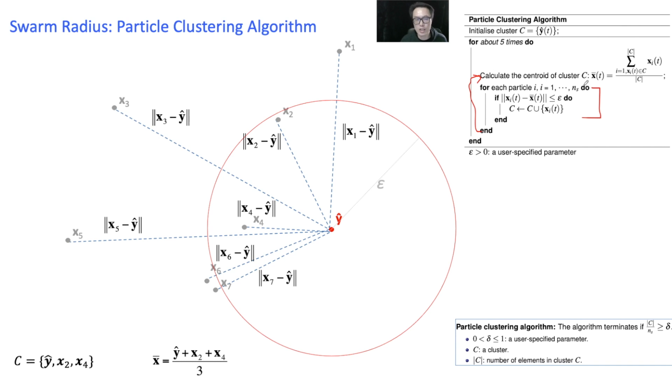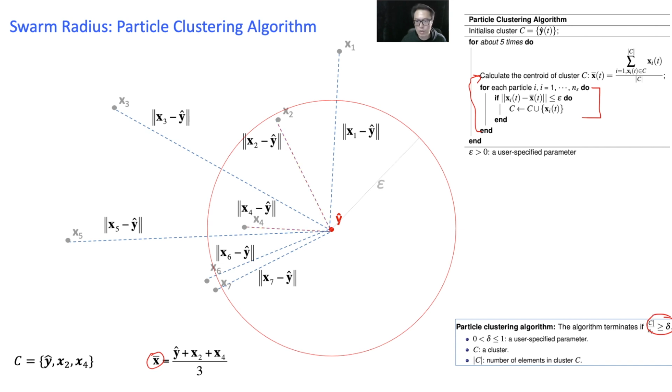So we go to this line, where we compute the new x bar, that is y hat plus x2 plus x4 divided by 3, because we only have 3 members right here. So this x bar would be somewhere in the space, that is the new centroid for the particle clustering algorithm. Now, after 5 times, we are going to check this condition. If this condition is met, we stop. Otherwise, we continue the PSO algorithm.